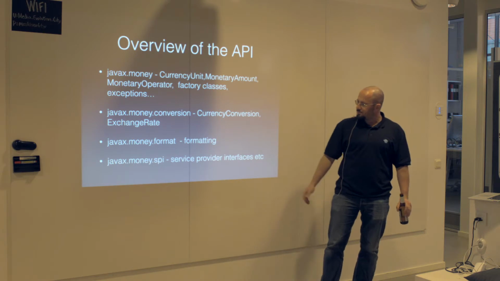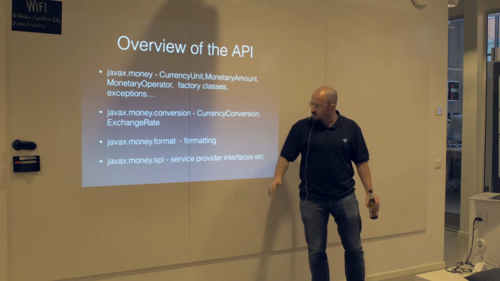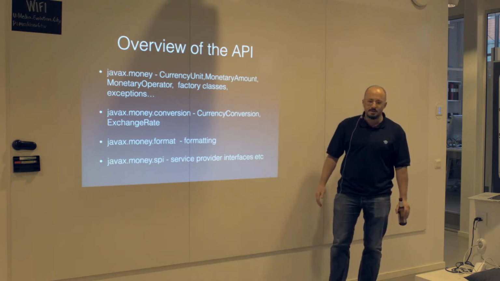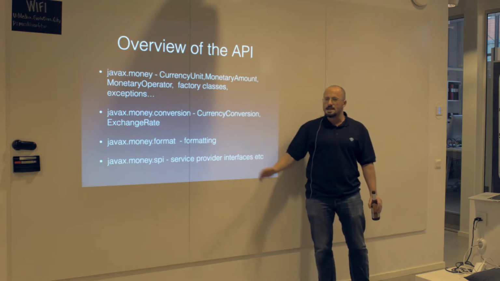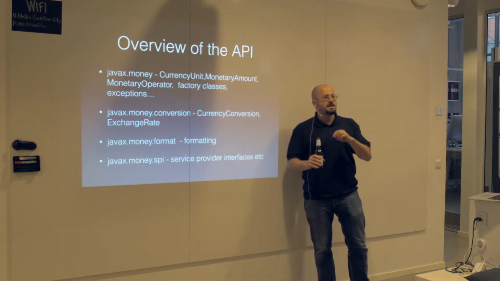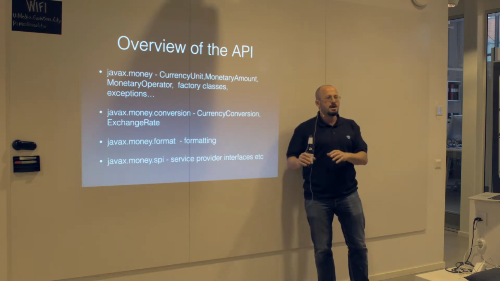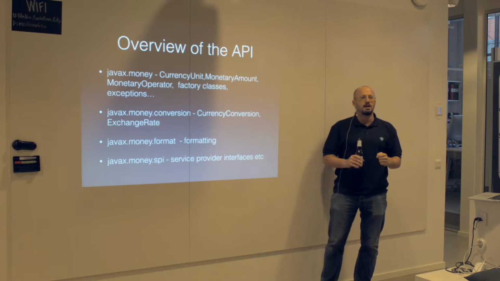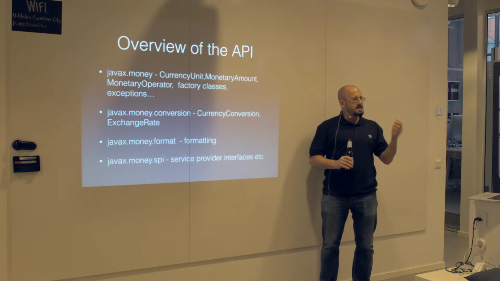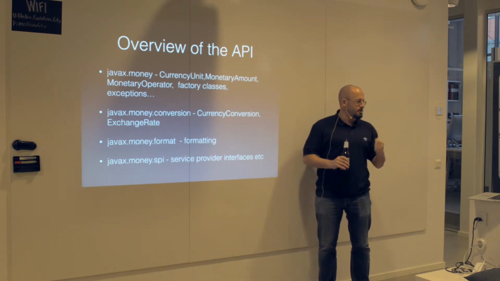Format has formatting, and SPI has service provider interfaces, etc. The purpose of this is to make it easy to integrate the implementations with the API and to make it work well with CDI and other dependency injection frameworks.